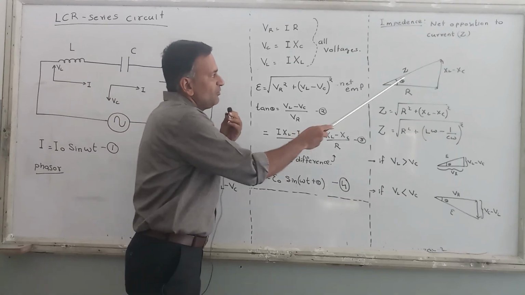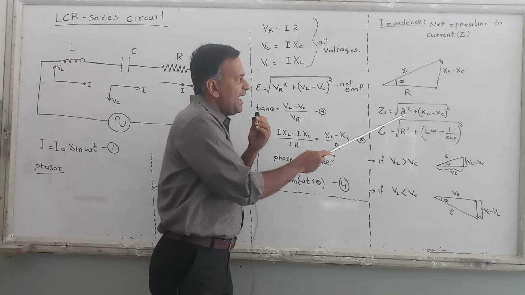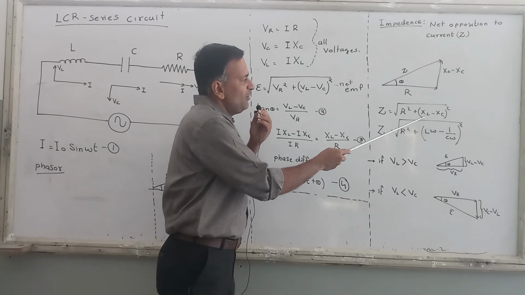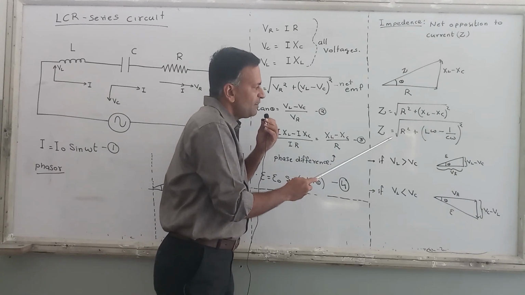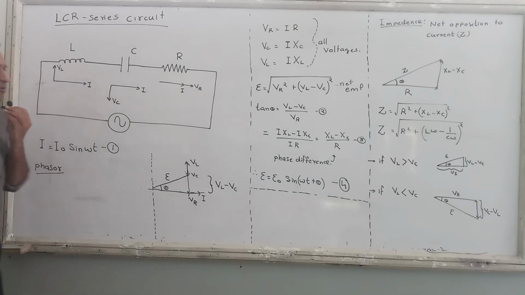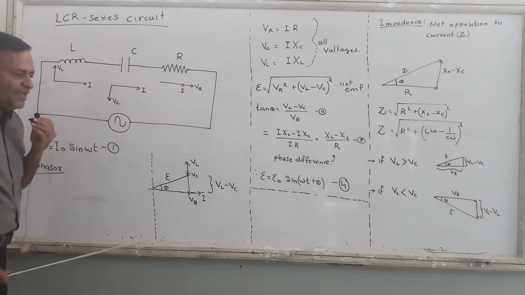So this is also theta. What is Z? By Pythagoras theorem, R square plus (XL minus XC) whole square. Or if you want to put the values of XL or XC, you can express it in this form of equation also.